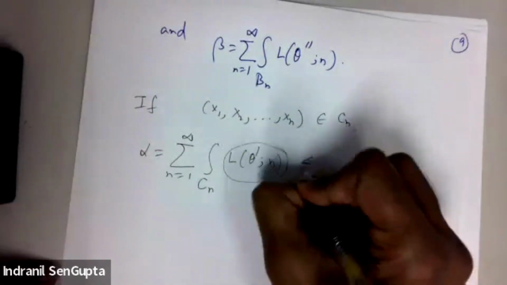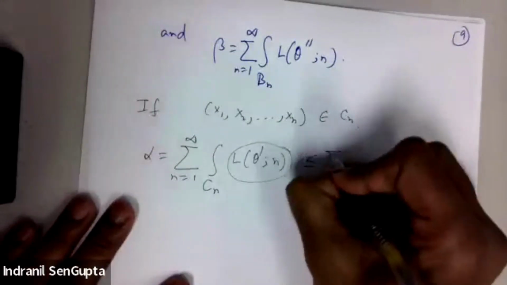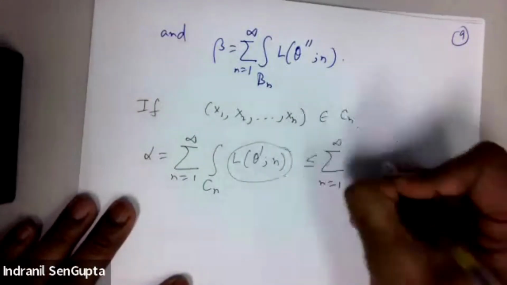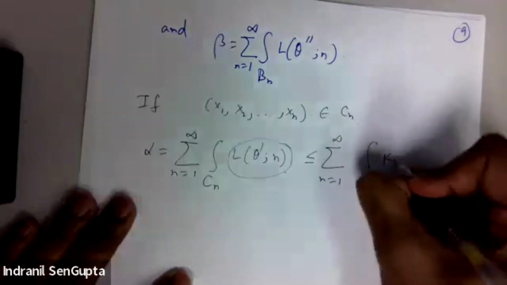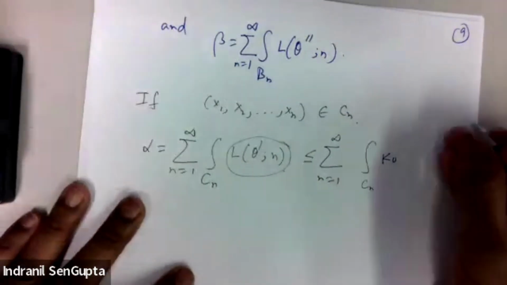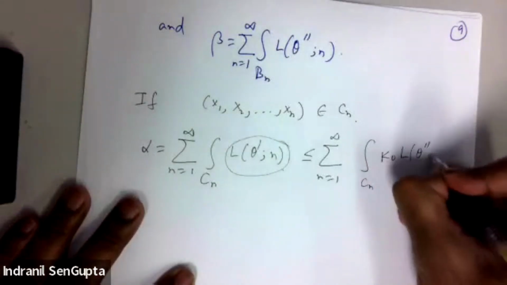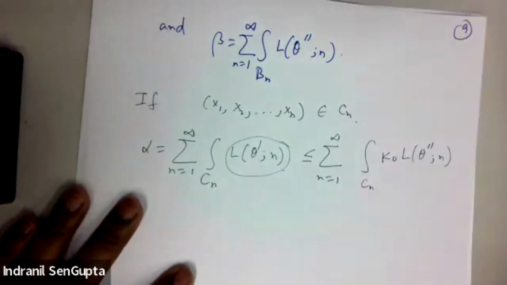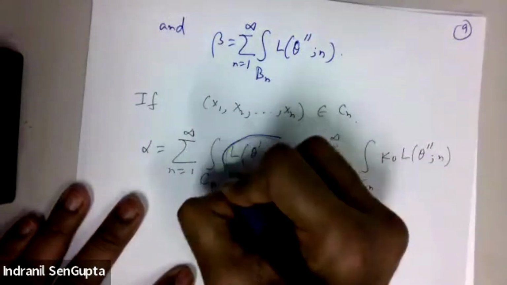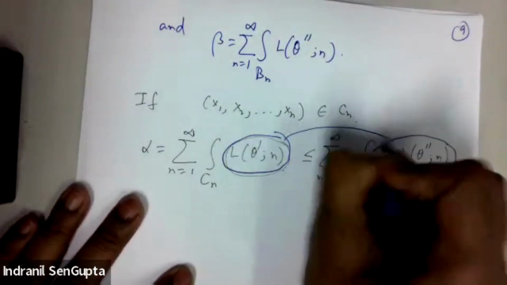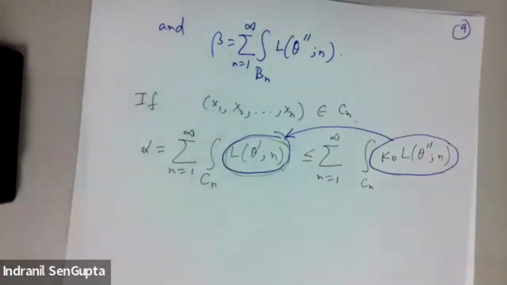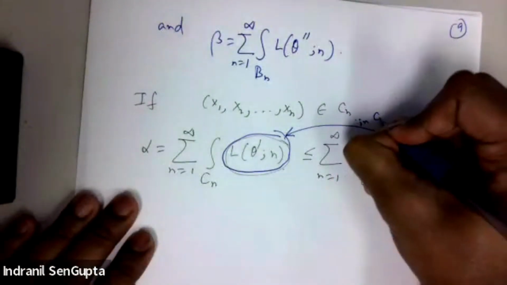So alpha is less than or equal to the summation over n from 1 to infinity of the integral over Cn of k0 times L of theta double prime n. We are using this inequality, since this is less than this in Cn.